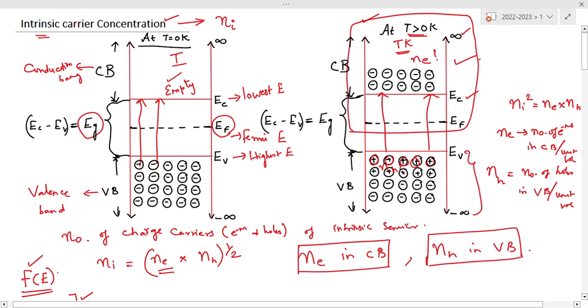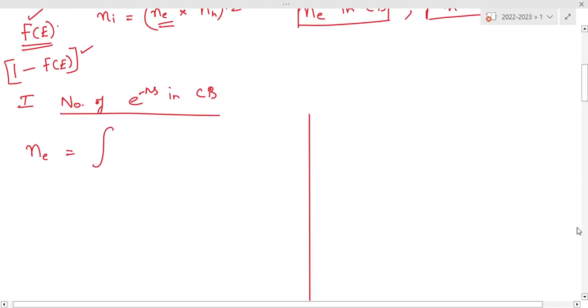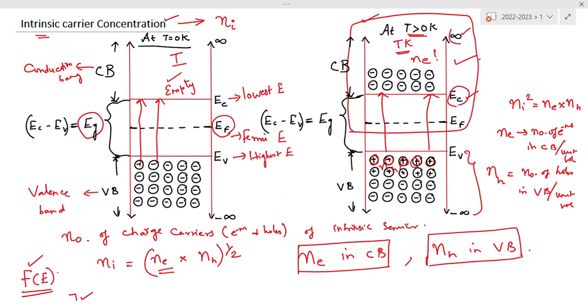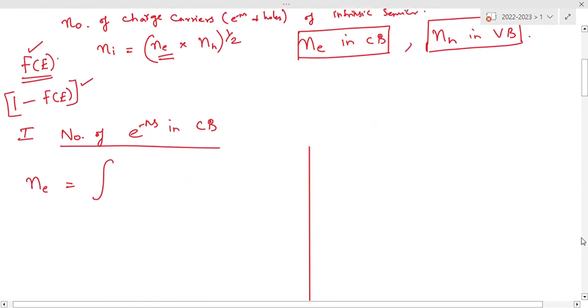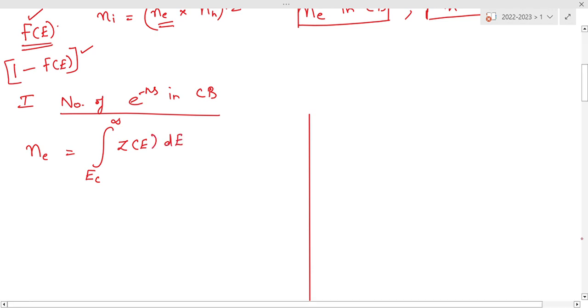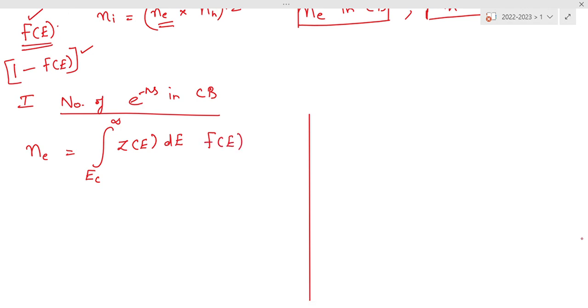Therefore, we are going to consider limit is Ec to infinity in the conduction band. The energy levels in the conduction band is the lowest energy level Ec and the highest energy level is considered as infinity. And the general formula is the density of states as in the metal and the probability function to know how the electrons have been distributed among various energy levels in the intrinsic semiconductor.